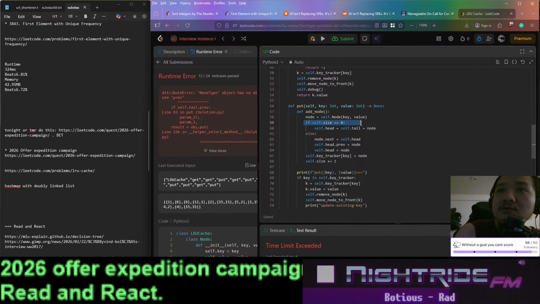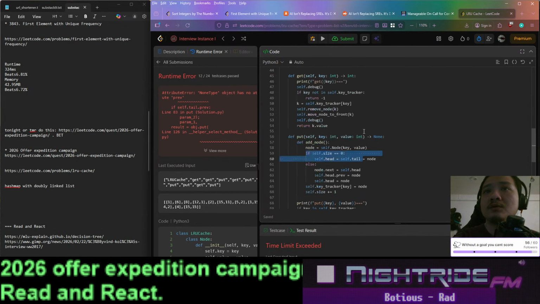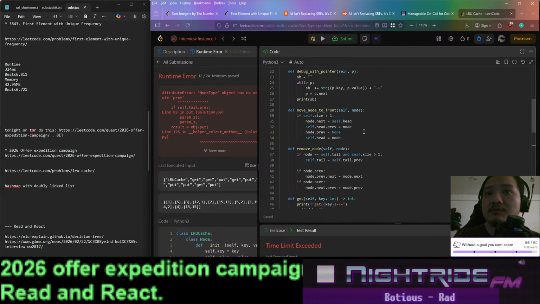When we add a node, right? The size empty, okay. Maybe.